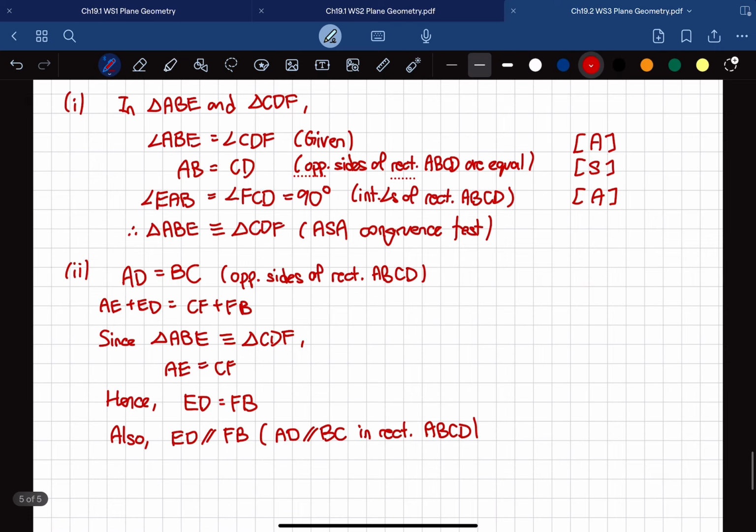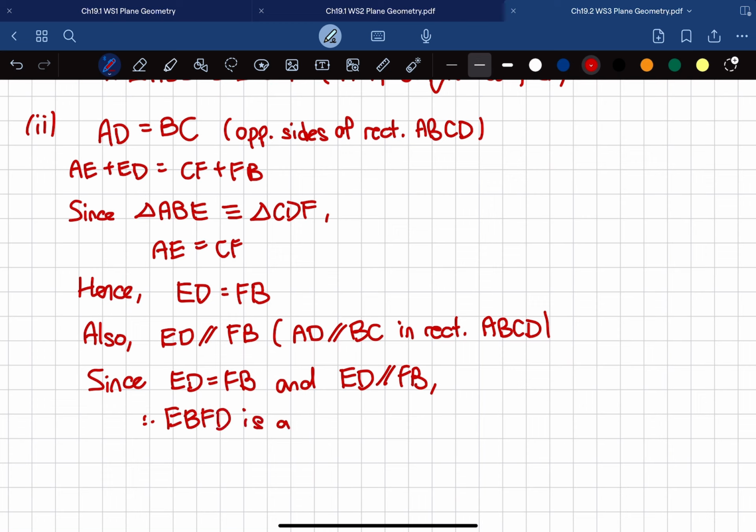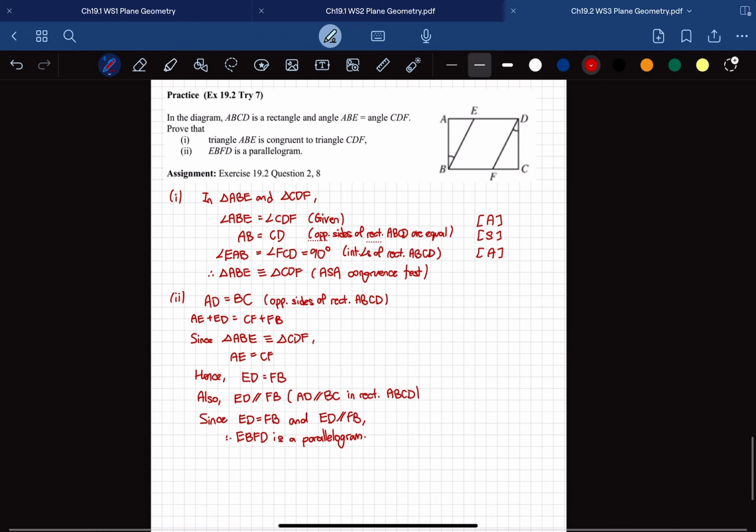And therefore, since ED is equal to FB, and I've shown that ED is also parallel to FB, I can therefore make the conclusion that EBFD is a parallelogram. Okay, and that's how I solve this part and this practice question.